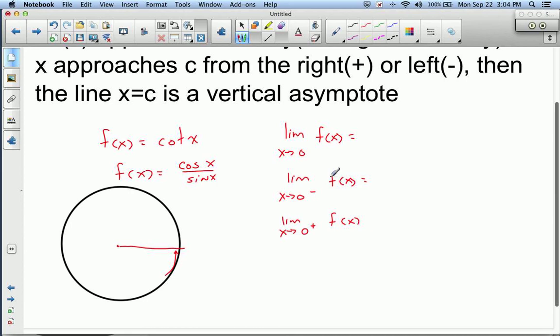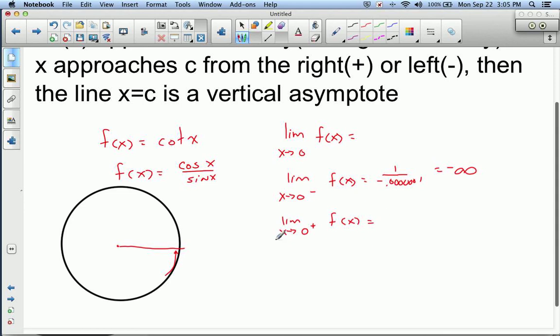Cosine of 0, I can plug that in. I get 1. But sine of 0, when I'm coming from values smaller than 0, is really, really close to 0, but it's in the fourth quadrant, so it's negative. So 1 over a negative number really close to 0 gives me a huge negative number.